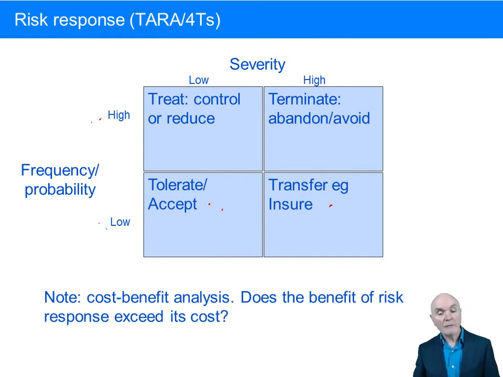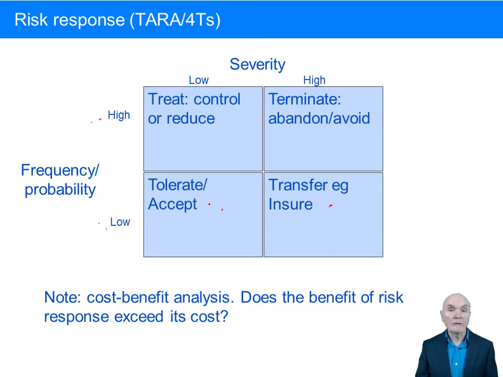And finally, we have relatively high frequency, but relatively low severity. What we're going to try and do is maybe to reduce the frequency with which this happens. It could be staff leaving us and so on. We could say, well, you have to give us a certain amount of notice.